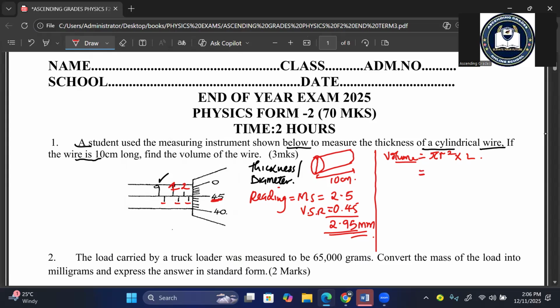So in this case now, we convert these 2.95 to centimeters. So divide by 10. So otherwise, this one will be the same as 0.295 centimeters.